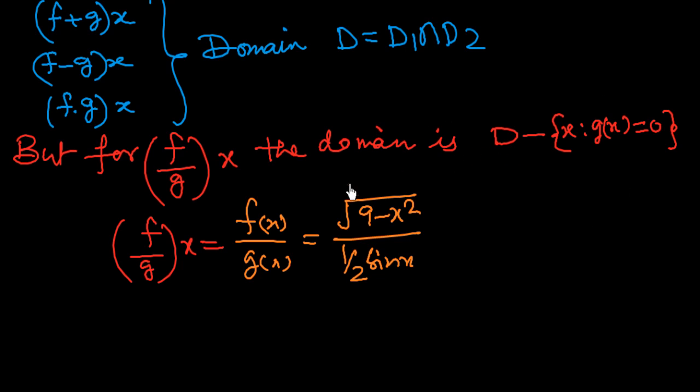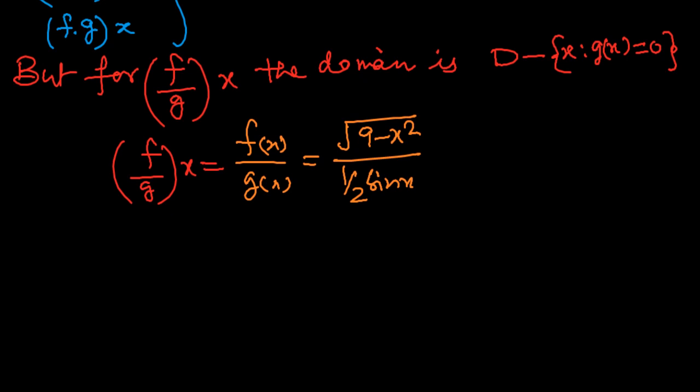So as per this definition, for getting the domain we put g of x equal to 0, so 1 over 2 sine x is equal to 0. Sine x is equal to 0, because you know that the value of sine 0 is equal to 0, so x is equal to 0 here.